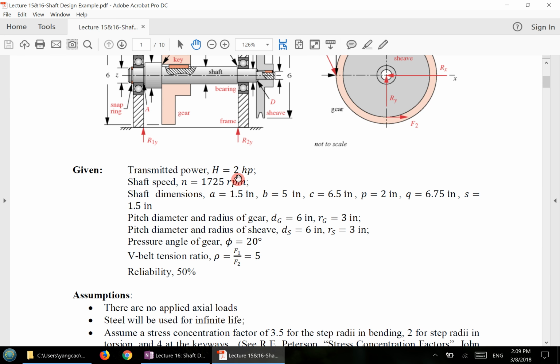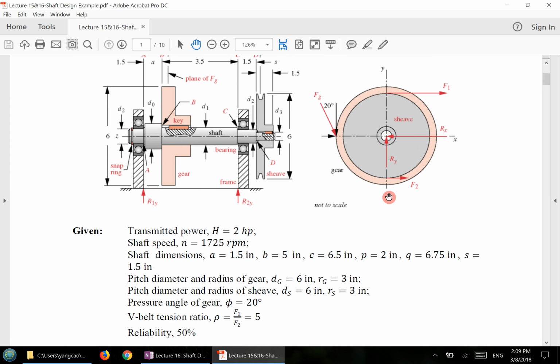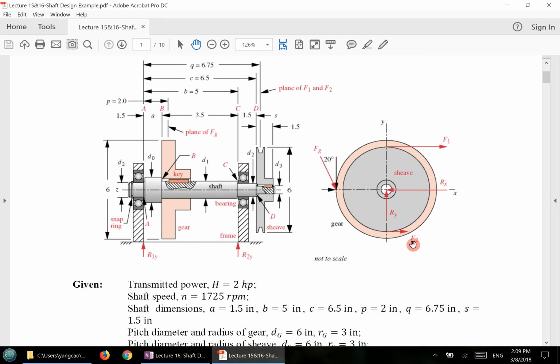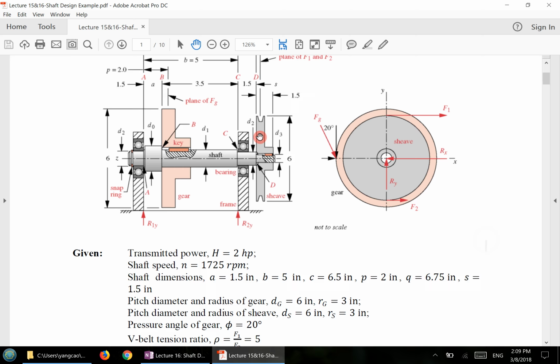Horsepower, 2 horsepower. The shaft speed. Here are the shaft dimensions A, B, C, D, like what's shown here. They're all given.